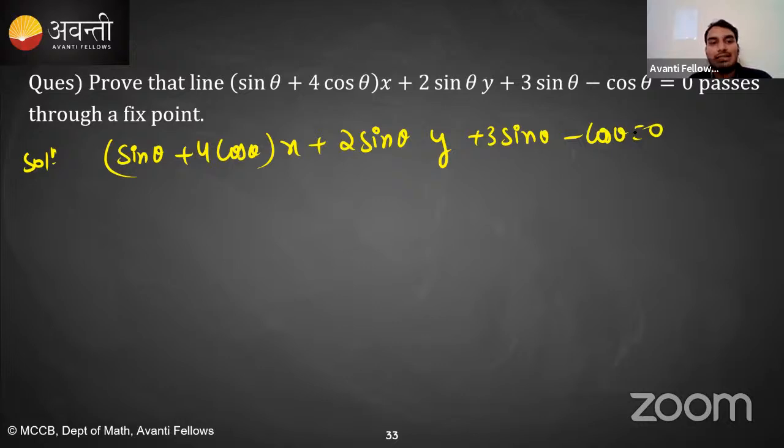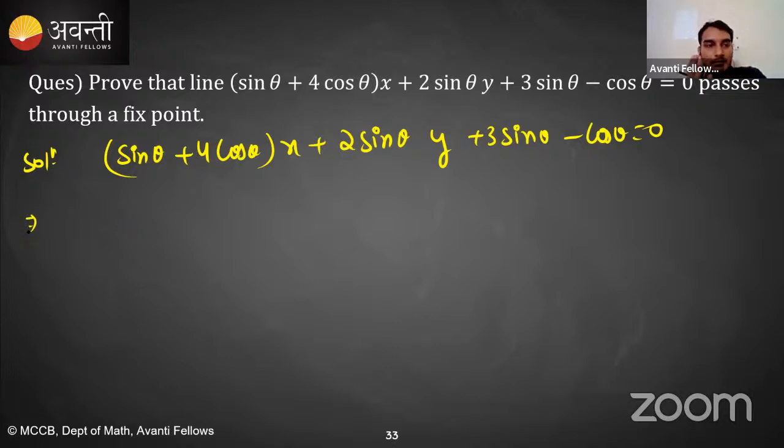So we have to prove that this line is passing through a fixed point. Whatever the value of theta, that does not matter. For any value of theta, the line will always pass through a fixed point, and we have to find that point. So how will you proceed?